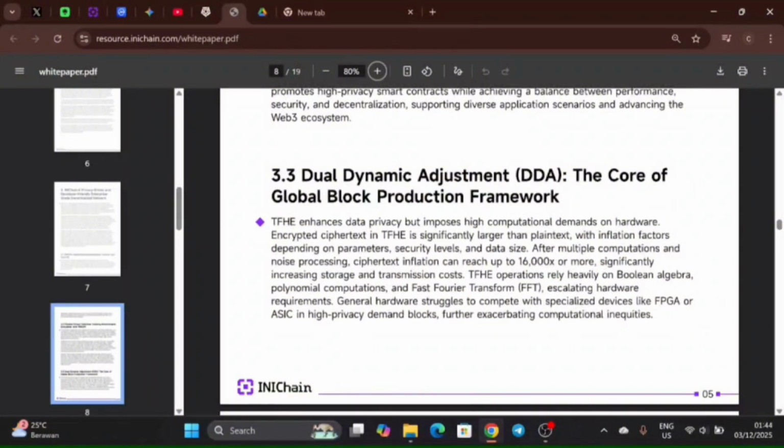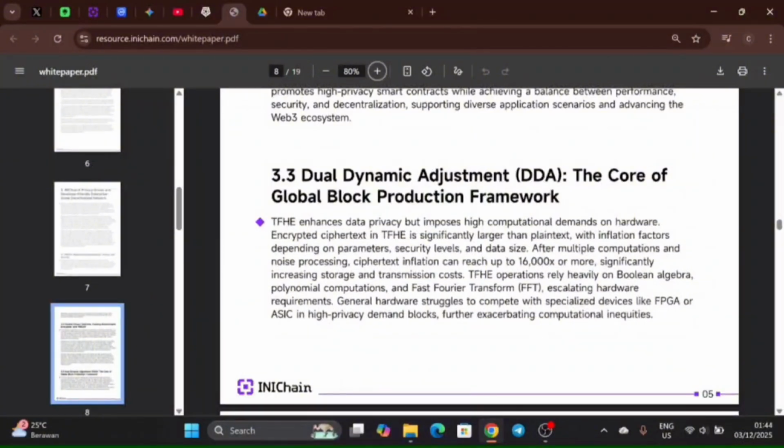FHE operations rely heavily on Boolean algebra, polynomial computation, and fast Fourier transform (FFT), scaling hardware requirements.